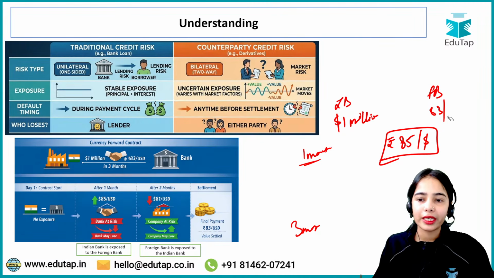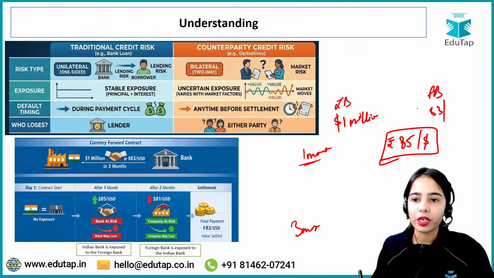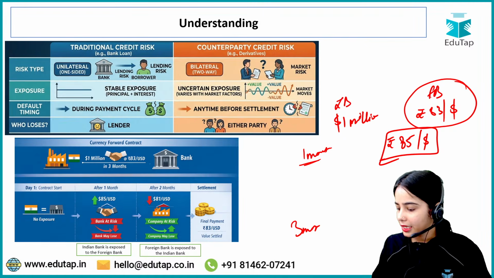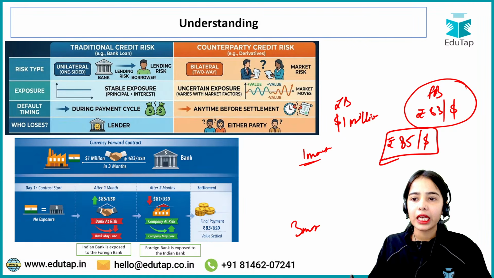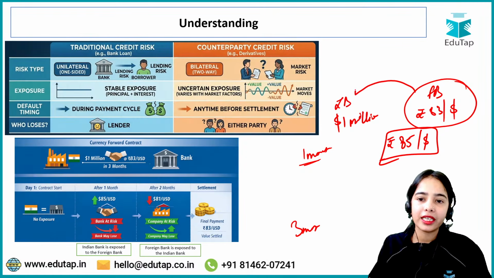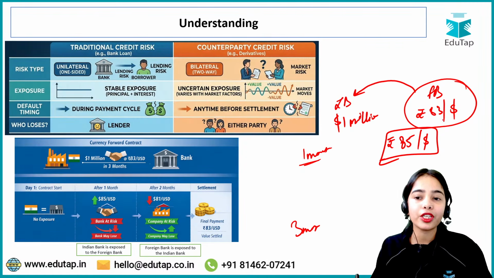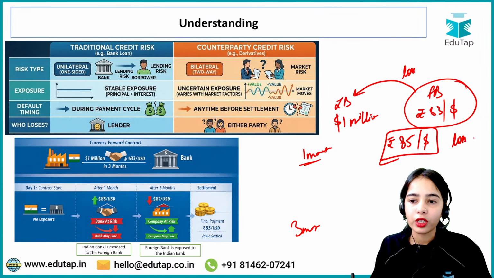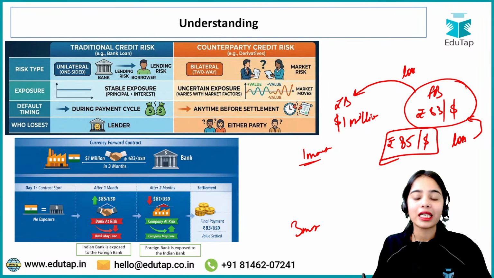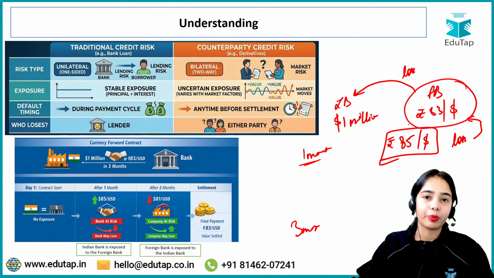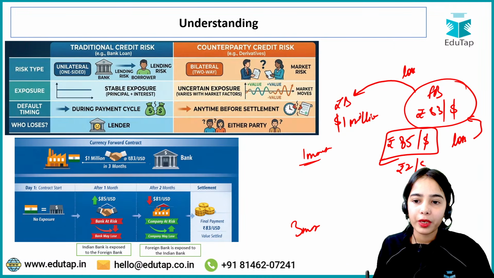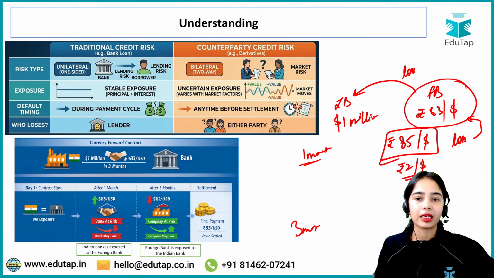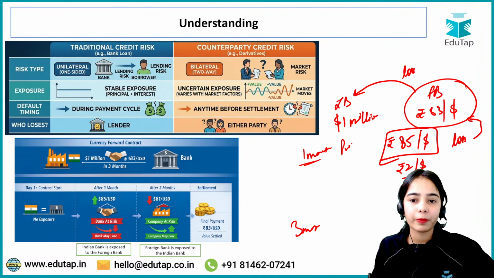If the foreign bank provides dollars at 83 rupees, is it a loss for the foreign bank? Yes. It is a loss for the foreign bank, because right now it can sell the dollars at 85 rupees. So 2 rupees per dollar is the loss for the foreign bank, while for the Indian bank this is a profit.